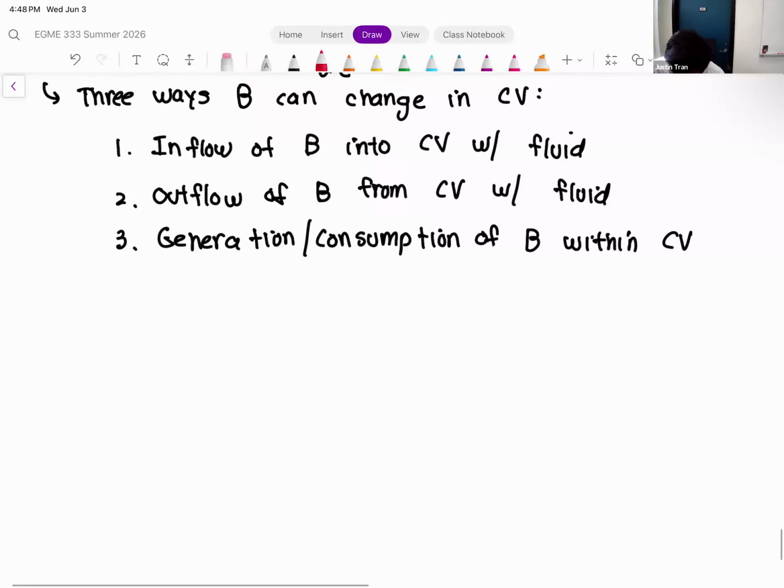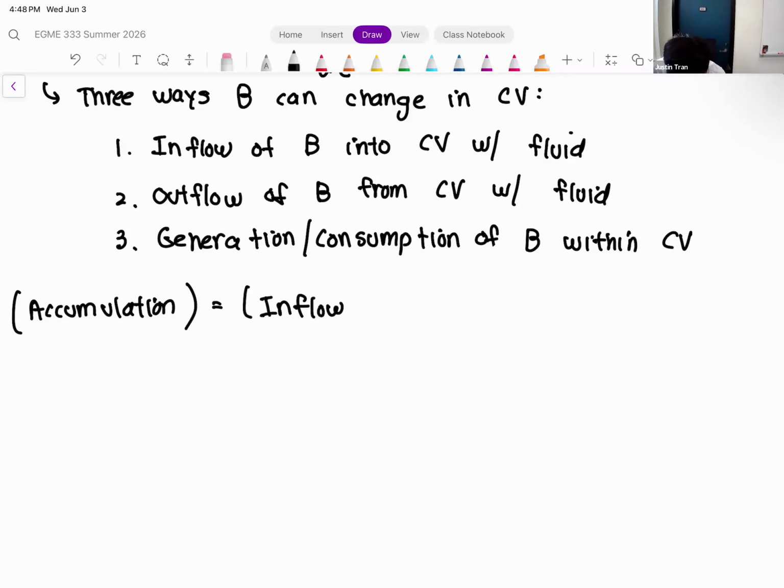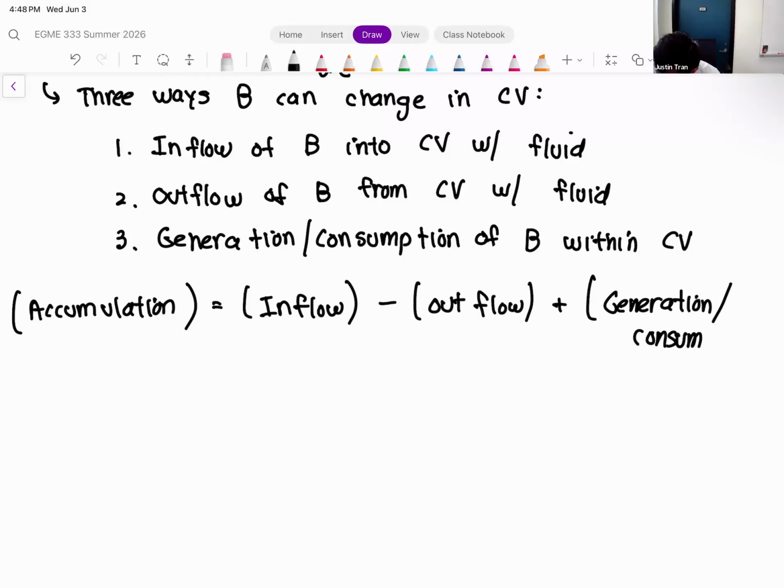All right, so we can basically say that accumulation is equal to inflow minus outflow plus generation slash consumption. Okay? And of course, if we have consumption, then we have a minus sign, but generally speaking, we'll just have a plus sign there.